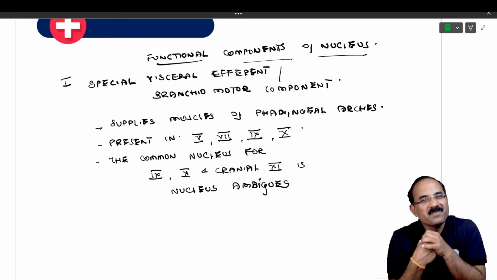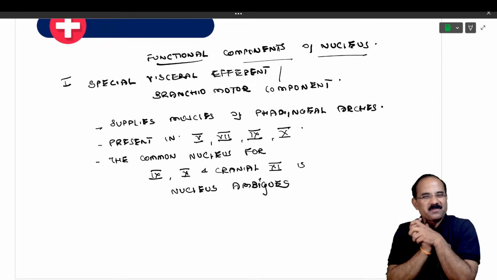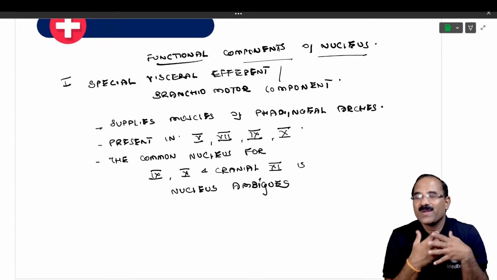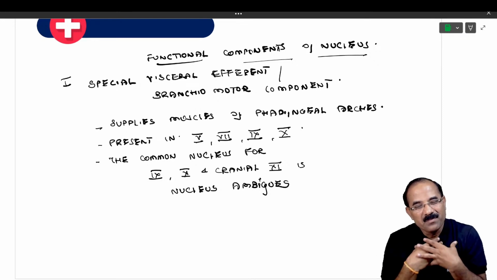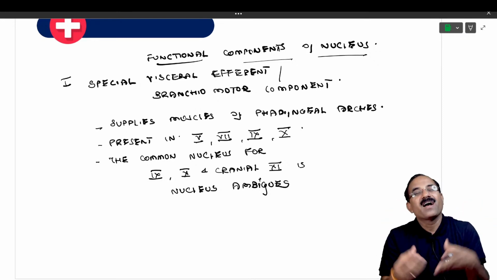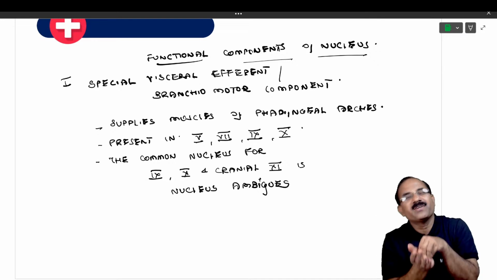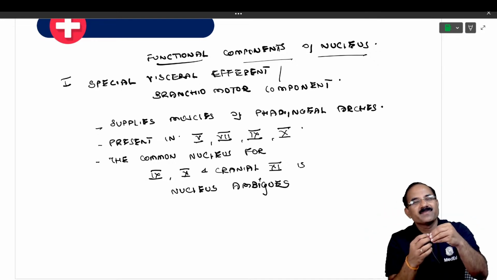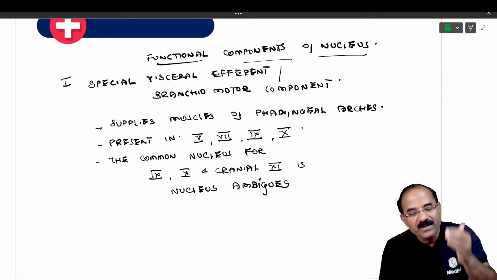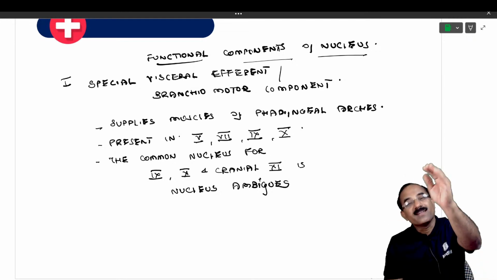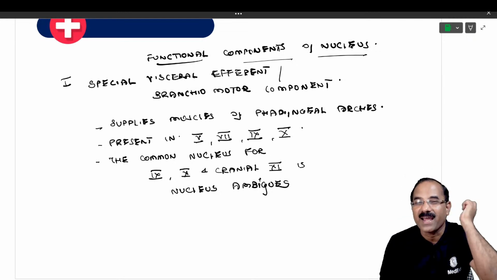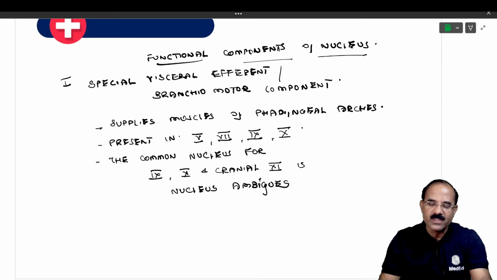And I have to supply the glands. I cannot just go and supply the gland. I need to have a component in my nucleus. If I have a component in my nucleus, then I will be able to supply the glands. What is the name of this component?